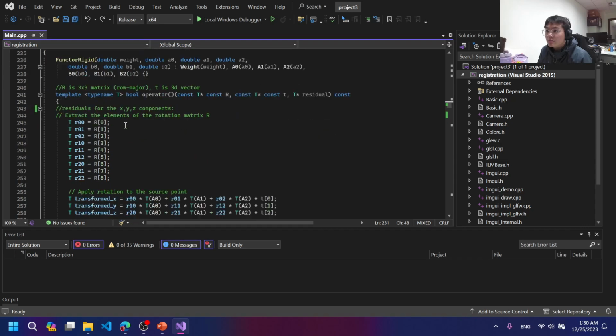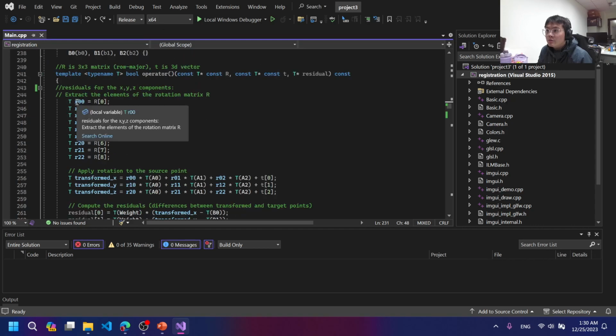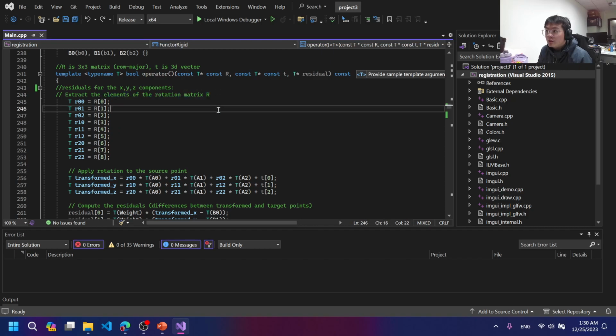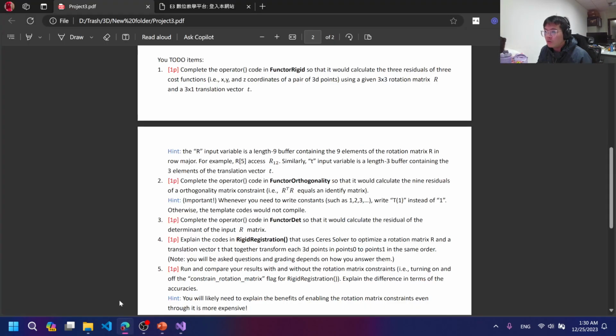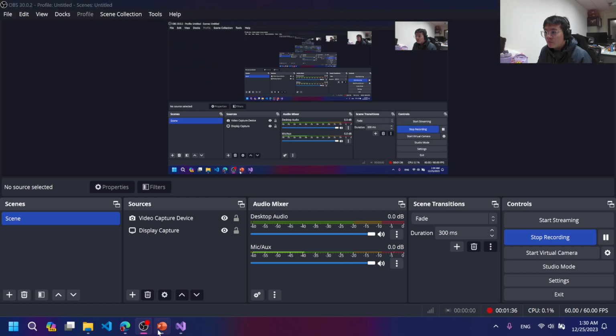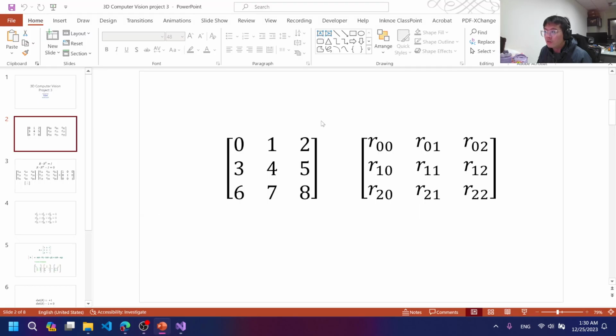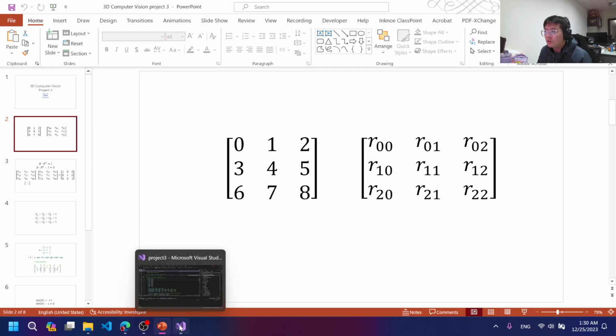Okay, and then what I did is first I extracted the elements of the rotation matrix R. I broke it down so it's easier to understand, like R00, R01, R02 and so on, so it's easier to understand the structure of the rotation matrix.